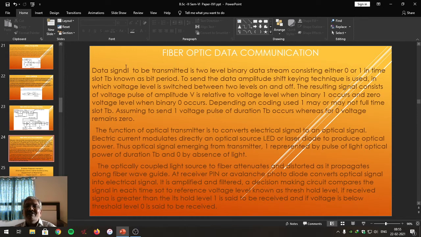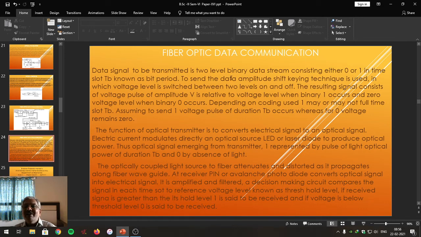Let us summarize that particular thing. The data signal to be transmitted is a two-level binary data stream consisting of either 0 or 1 in a time slot TB known as the bit period. We have defined the bit period at the beginning of this topic.